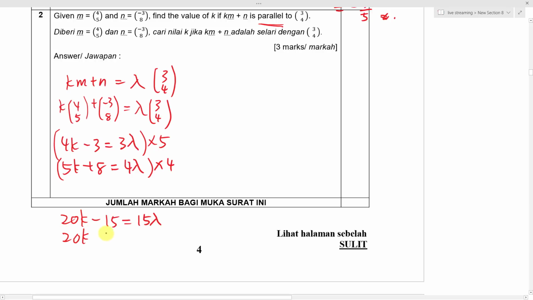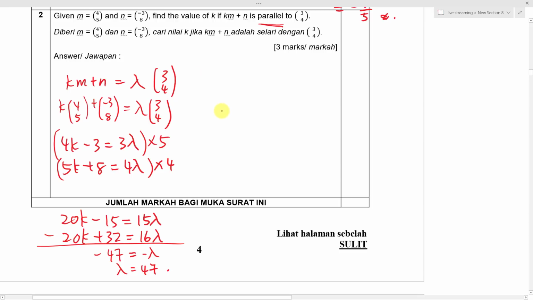This one I will get 20k plus 32 equals 16 lambda. And then I subtract them. So I should get negative 47 equals, am I correct, negative lambda. My lambda equals 47. Four fours are 16, times 5 is 15, 30, 50. Yeah, I should be correct. If you find any mistake, just let me know.